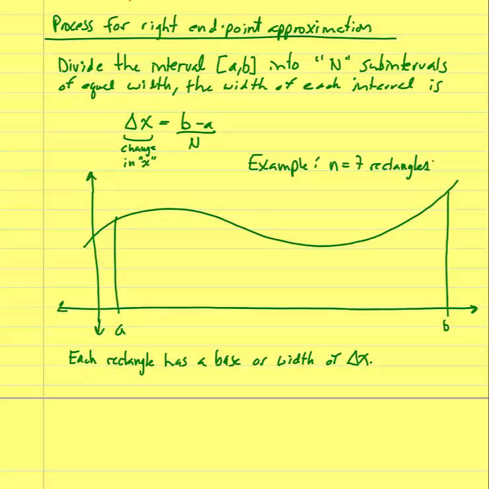Now, I don't want to get too hung up on what the particular values of A and B are, but what I know is, if I start at A and each one has a width of delta x, this next endpoint is A plus delta x. Then I have that delta x again.